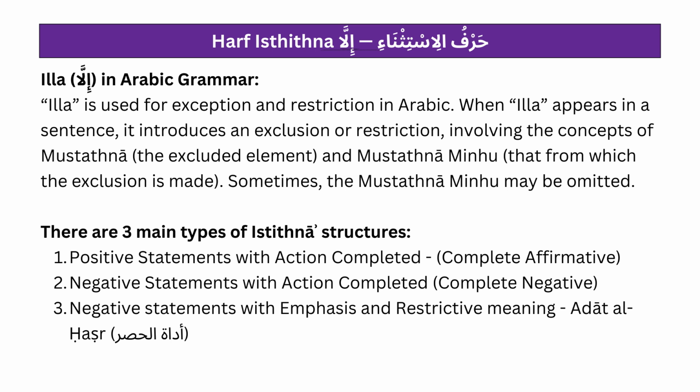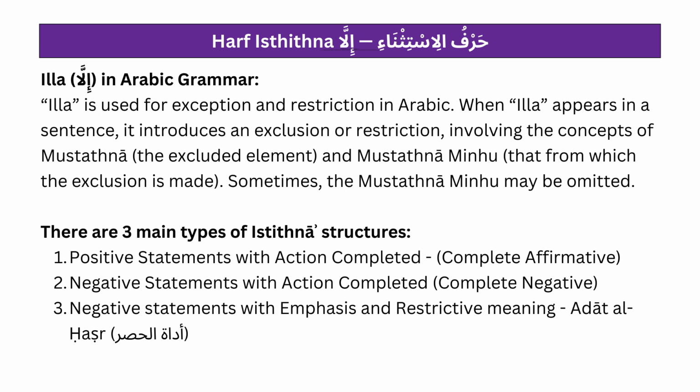The second term is al-mustathna minhu, the group from which the exclusion is made. And the slide reminds us, sometimes the mustathna minhu may be omitted. When that happens, very often the meaning shifts away from a simple removal from a group, and it starts behaving like restriction, depending on the sentence.